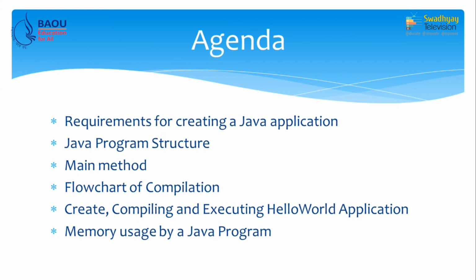So, we discuss the main method in some detail, and once our program is ready we need to compile and run our program. So, we understand the flow chart of the compilation process, and then we create one hello world application, compile that application and execute it, and we also discuss how memory is used by a Java program.